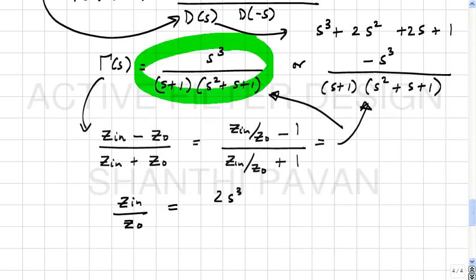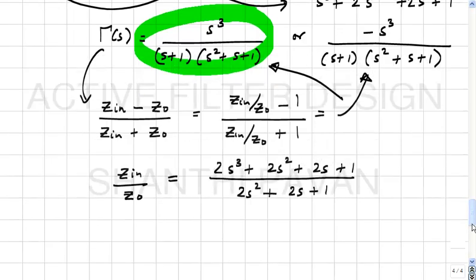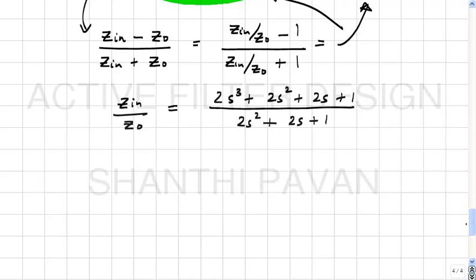It is 2s cube plus 2s square plus 2s plus 1 divided by 2s square plus 2s plus 1. In other words, we have an expression for Zn by Z0.